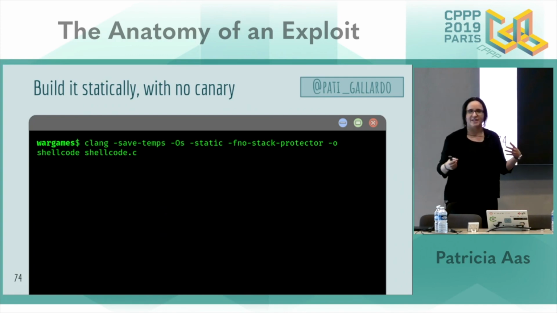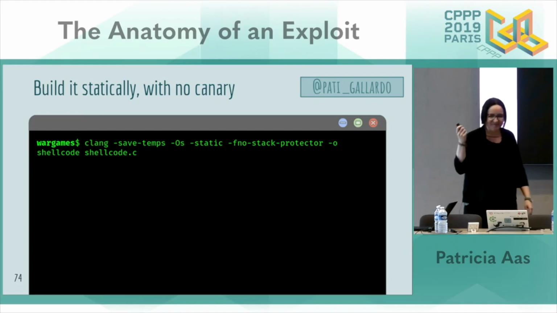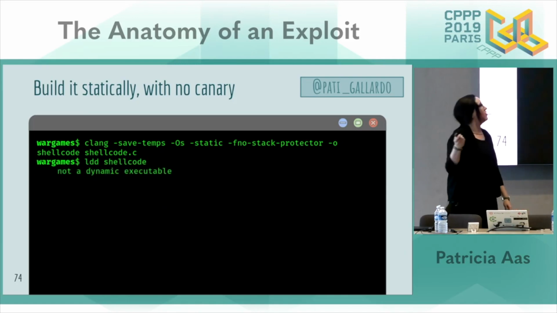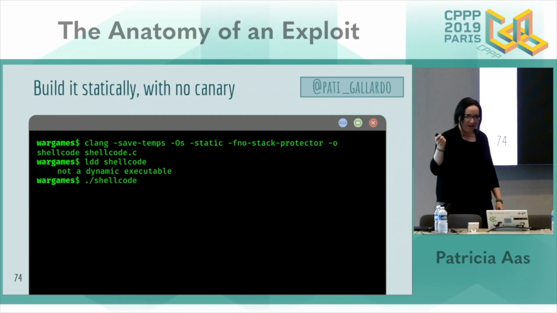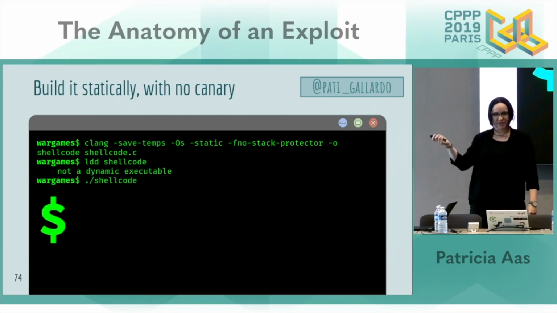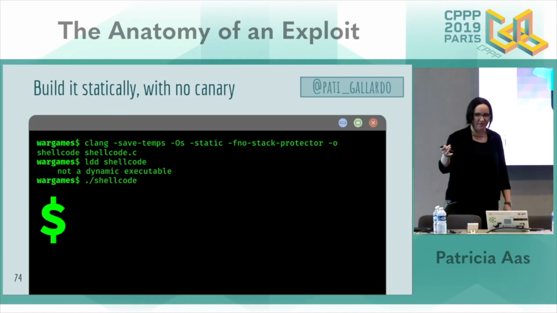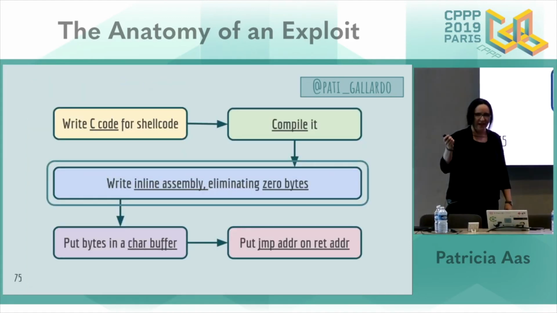And we turn off stack canaries because you don't really need stack canaries inside of your shellcode because it's just noise. And then we just make sure that there's actually no dependencies. And we run it and it works. Okay, so we know the code itself works.